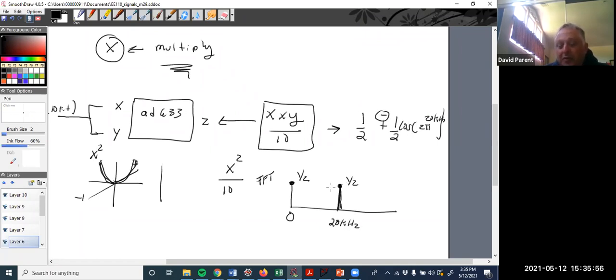That's if it were perfect. But things are never perfect. And so there'll be these higher order harmonics, right? And what they do is they compare the magnitudes of these harmonics to the harmonic that should be there, and it's called total harmonic distortion.